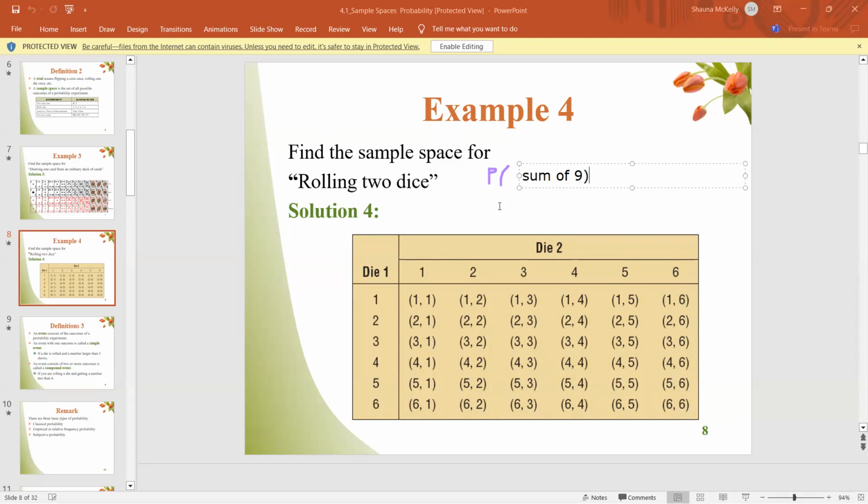How many ways are there to get a sum of 9? 1, 2, 3. I see one more. I'll show you. 4. Sum of 9 right here. Here's 6, 3. Yes. Then there's 4 and 5, or 5 and 4. Right. And also 3 and 6.